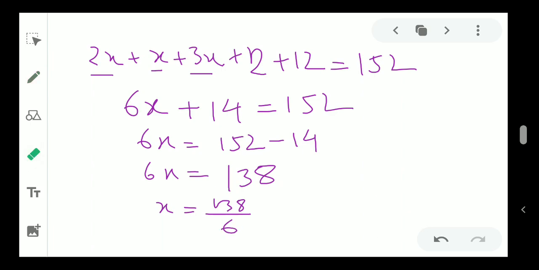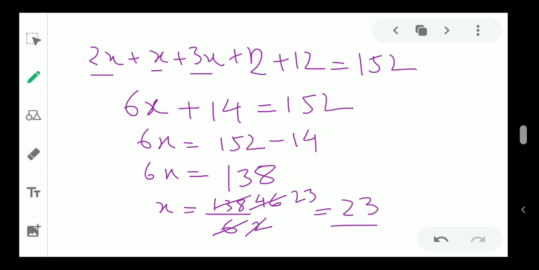So you can cut it, you can cut it to 3. So this will be 2 and this will be 3 4s are 12 and 6, and then you cut more, it will be 23.